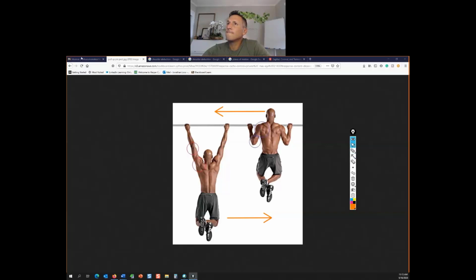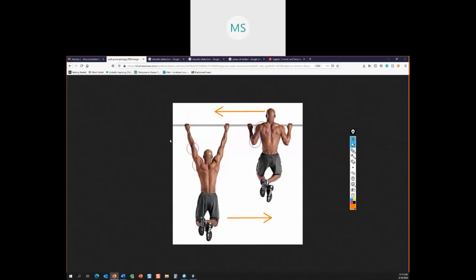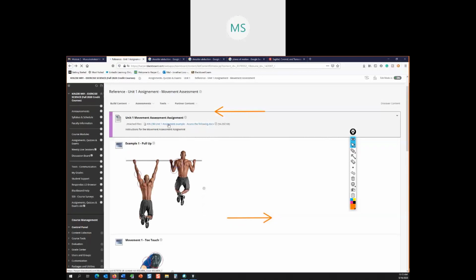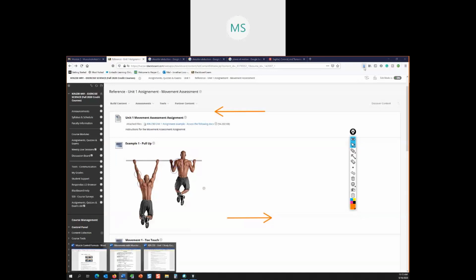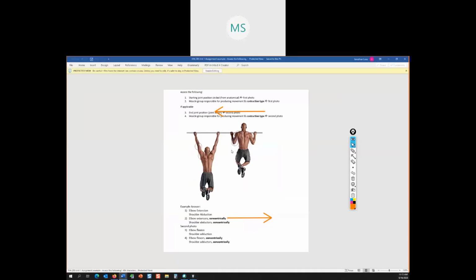It was under the Unit 1 assignment, called KIN 230 Unit 1 assignment example. It's the chin up, and then you say assess the following starting joint position. You're talking about the Word document? Oh, okay.